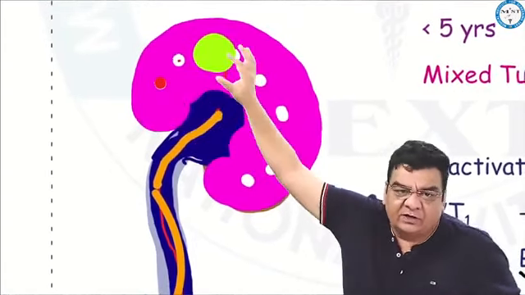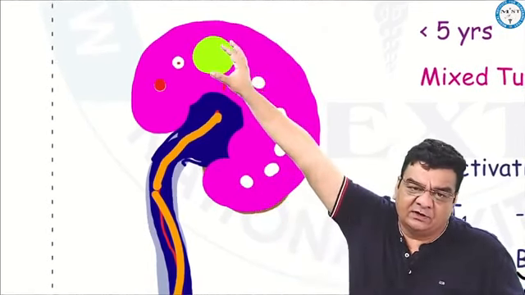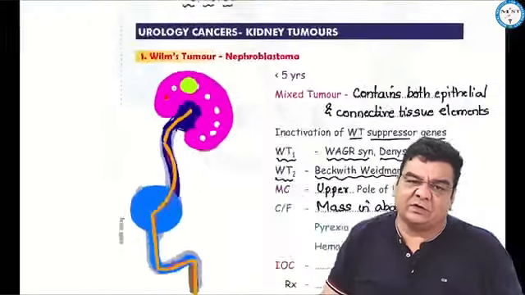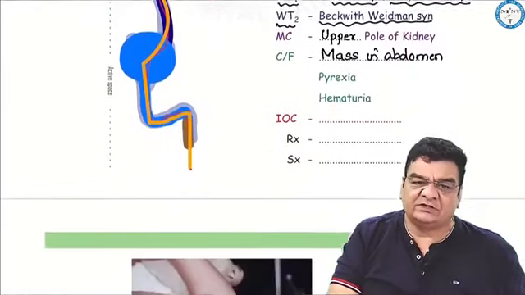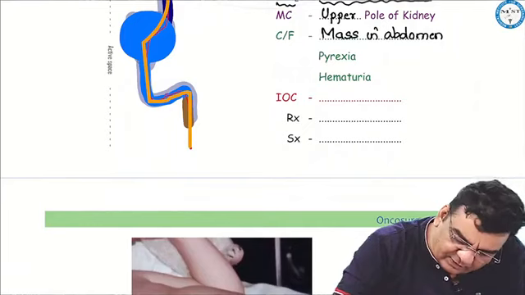Whether it is a Wilms tumor or an adult kidney cancer, they are growing in this part, so we cannot take a biopsy. We know percutaneous biopsies can cause spillage of cancer cells, so the investigation of choice remains CECT of the abdomen. So here we are doing CECT of the abdomen.